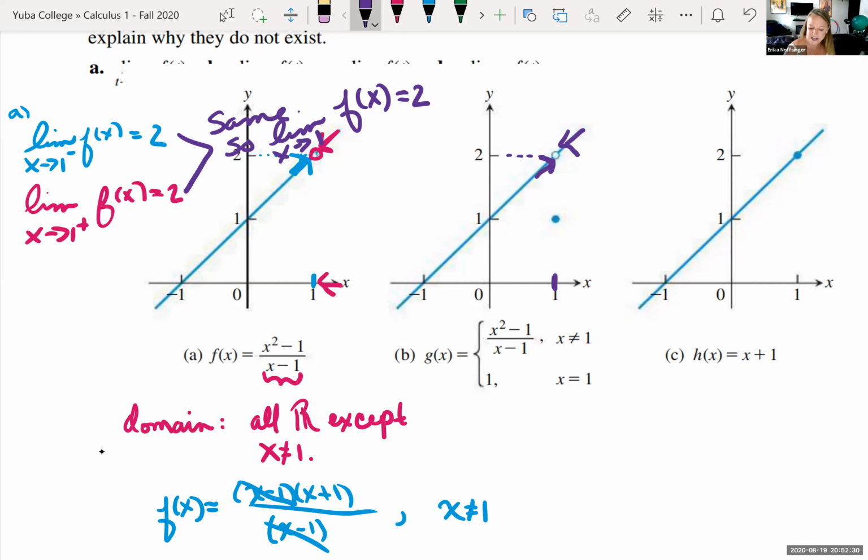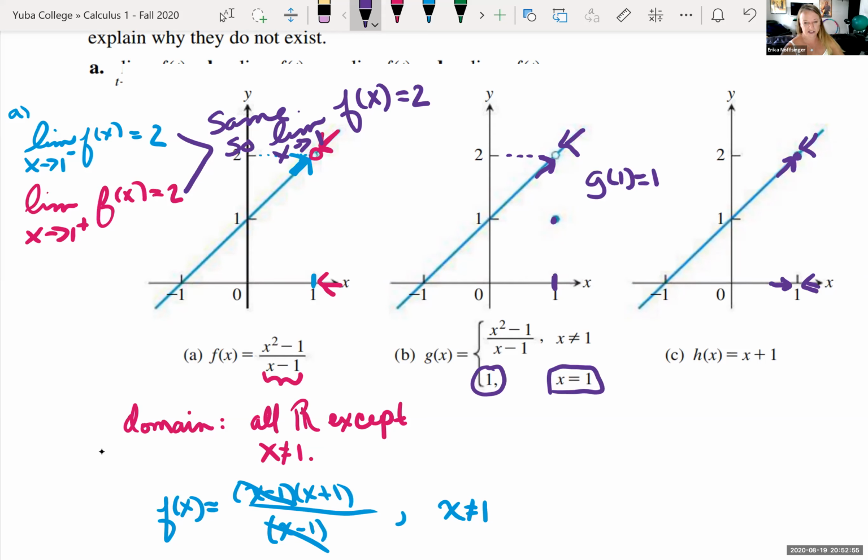Or notice that g of 1 in this case, there is actually a point here. When x is 1, this piecewise function tells me my y value is 1. And here, the limit as x gets closer and closer to 1, this point actually exists, and it is equal to 2.